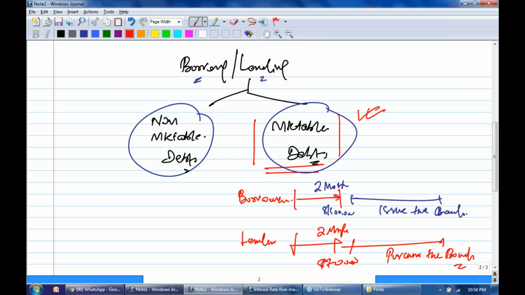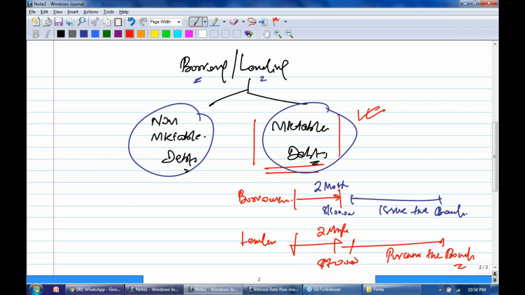But the same thing in marketable terms: if interest rate drops, and you have your eye on bonds in the market providing 5% interest, but in the market interest rate drops in 2 months, and you want to purchase the same 5% bonds, then after 2 months the value of those bonds will have increased.